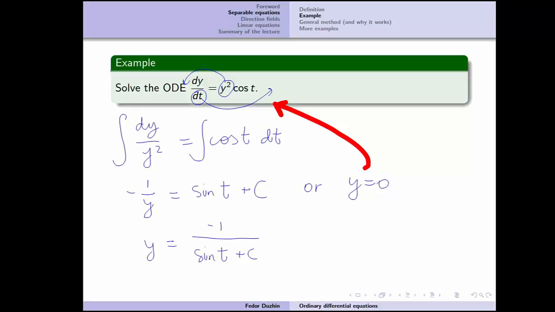The left hand side is y prime, the right hand side is 0 squared times cosine t, and as you see, it is indeed 0 equals 0, so y equals 0 is indeed a solution, an alternative solution.